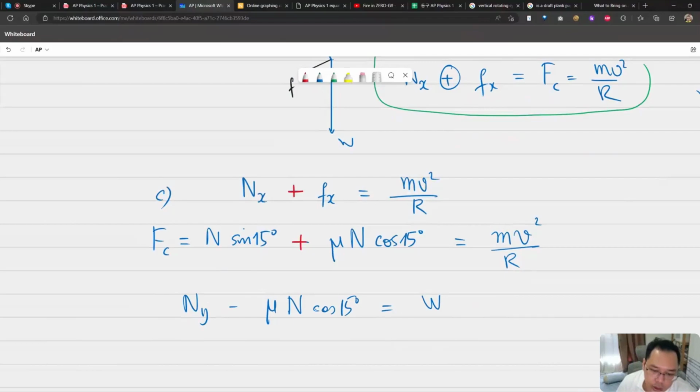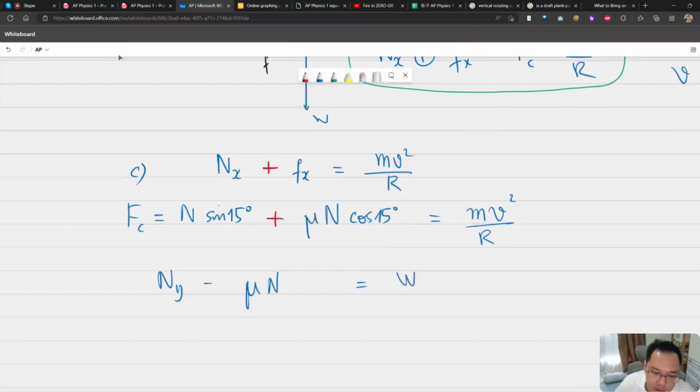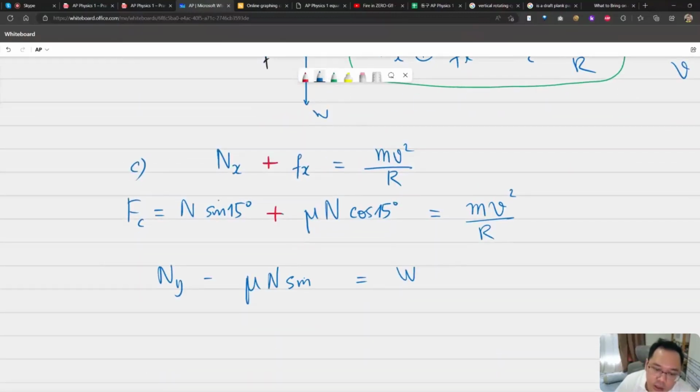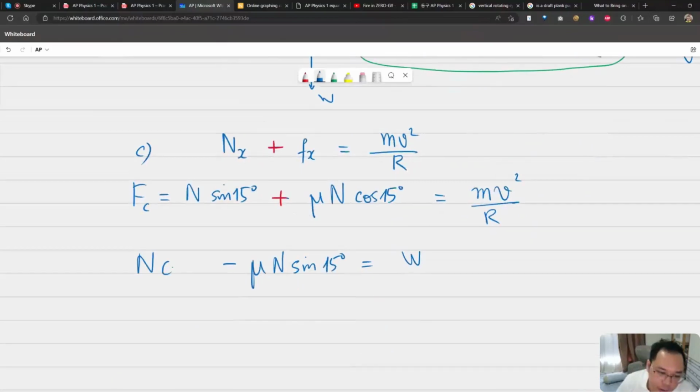The coefficient multiplied with N is the friction. Mu times N is the friction, and then the vertical component of that friction, we need to multiply with cosine of 15 degrees. Wait, sorry, sine, not cosine. Sine here of 15 degrees. The vertical component of the normal force is the normal force multiplied with cosine of 15 degrees, equal to the weight.